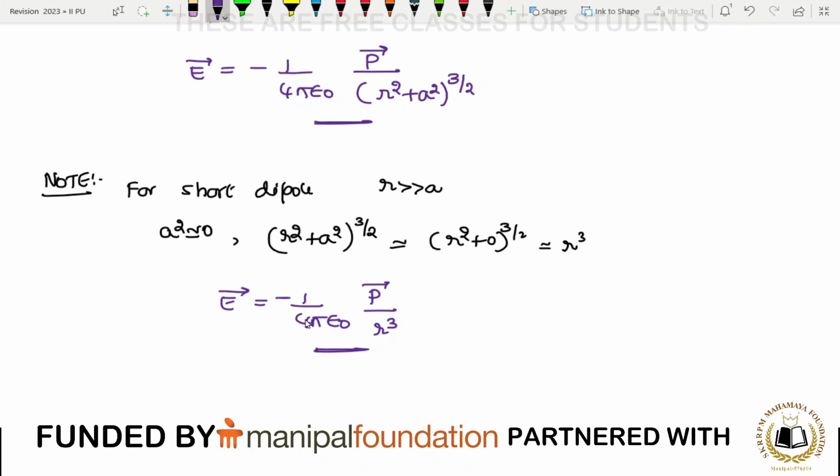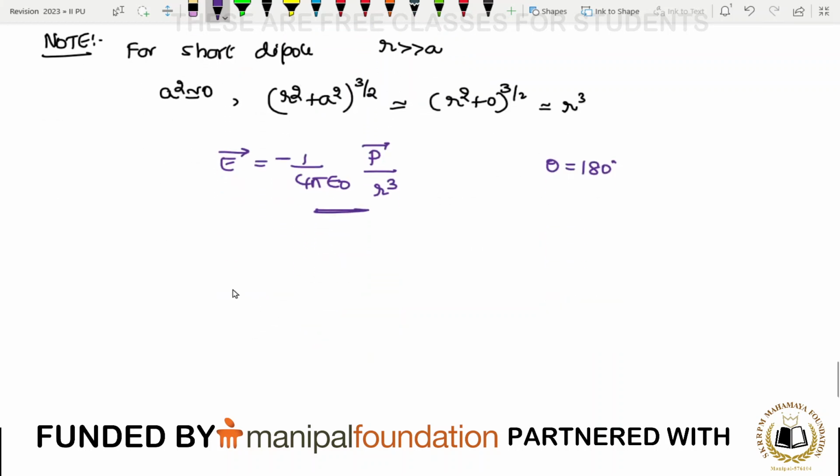Now here you can see that the minus sign means electric field and dipole moment are in the opposite direction. So theta is 180 degrees. And the ratio of the axial line and equatorial line fields becomes how much? E axial divided by E equatorial for the short dipole, the answer becomes 2 is to 1, or 2 by 1.